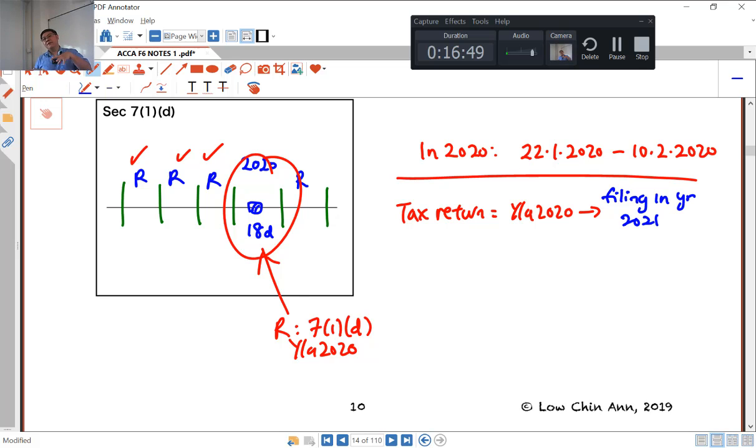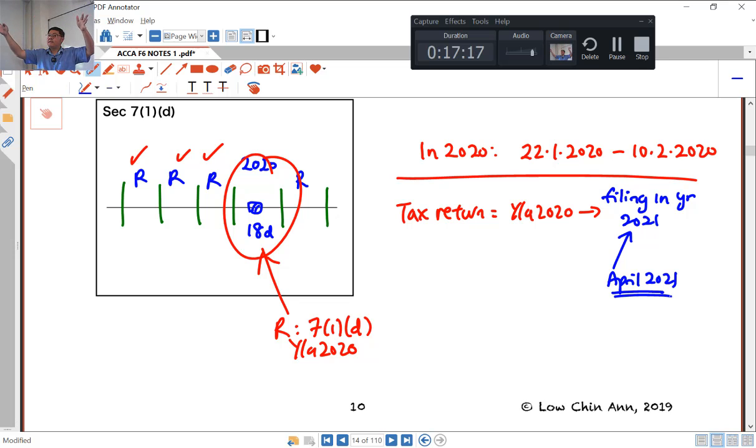Now, when you do the filing in year 2021, if you see the ordinary due date for filing, even if you don't run businesses, next time you learn, okay? You've got to do it in April. So if you do it in April 2021, assuming you are already back in our country from the month of January until April, you would have 120 days.